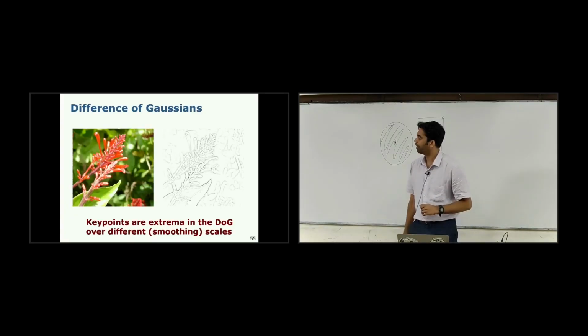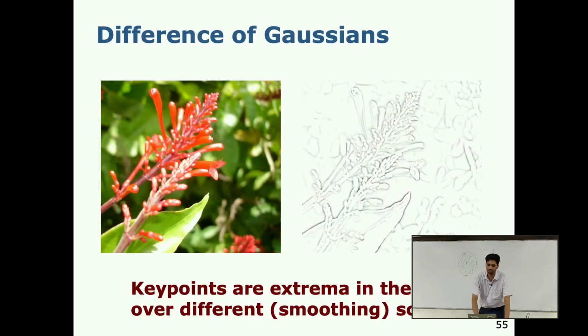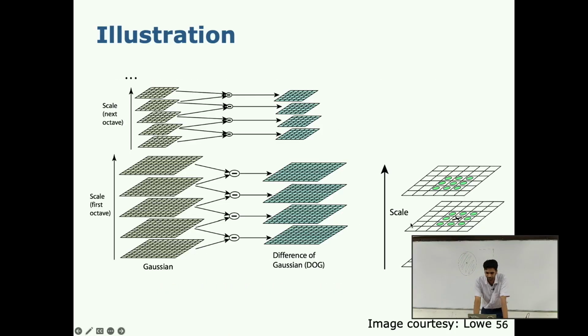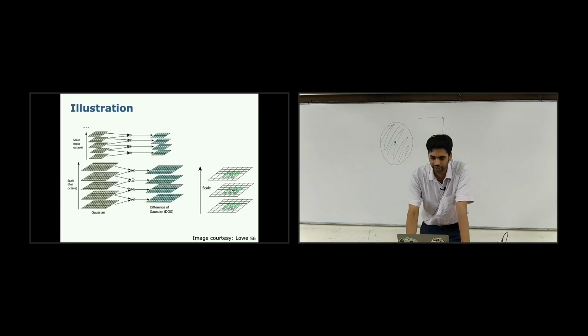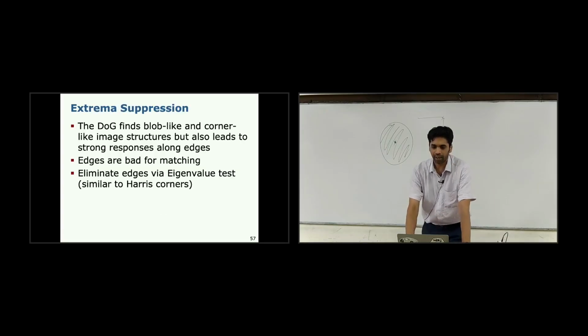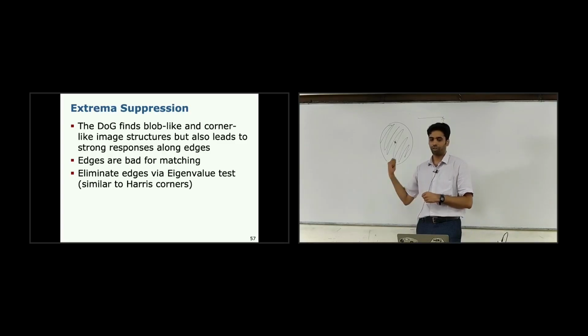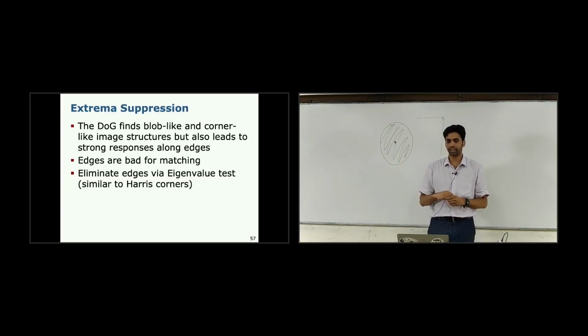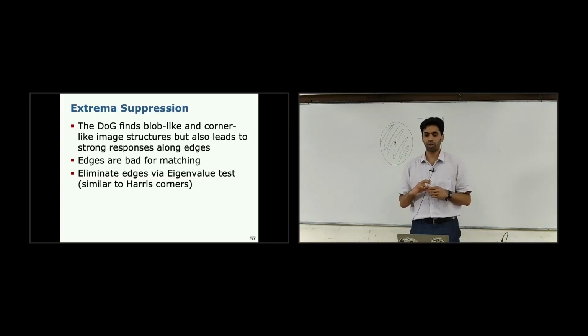So maybe when you look back at the slides, this will be better. When you look at the difference of Gaussians on the right hand side, you will see the different scales at which this has been done. So in general, this is the overall recipe for the difference of Gaussian. You would have to follow this up again with the extrema suppression step, where you will check for blobs and corner structures. Both will have strong responses.